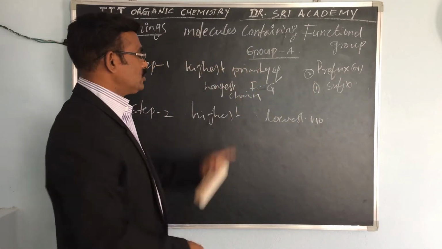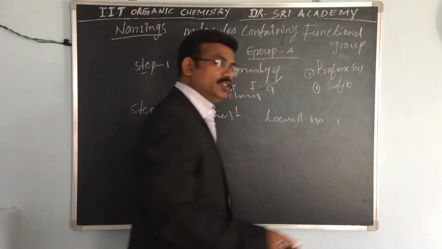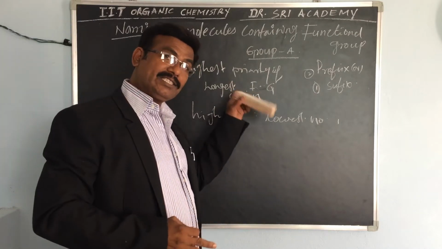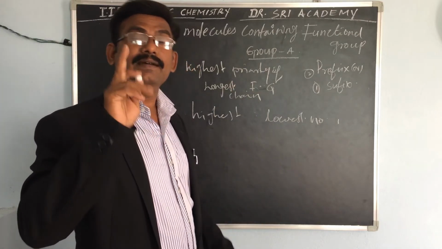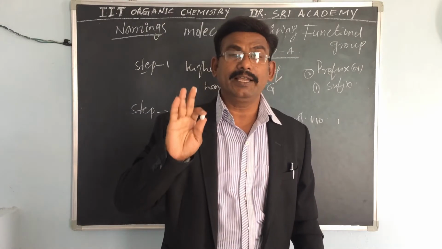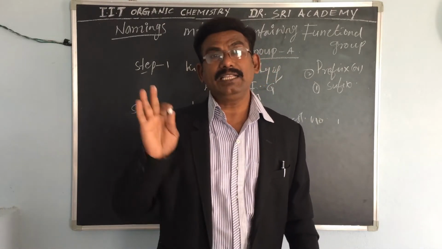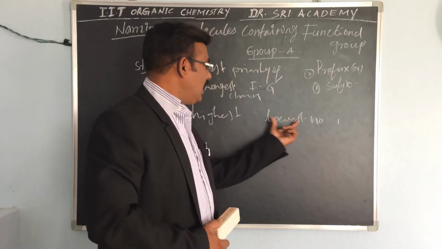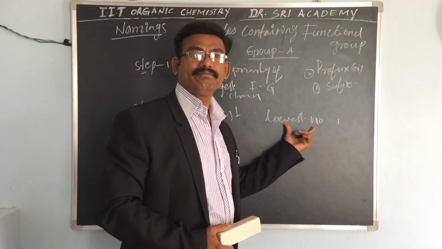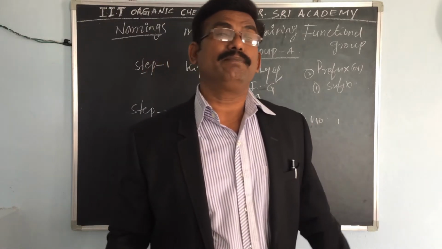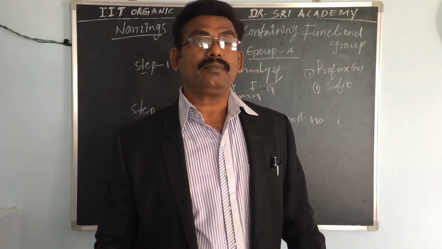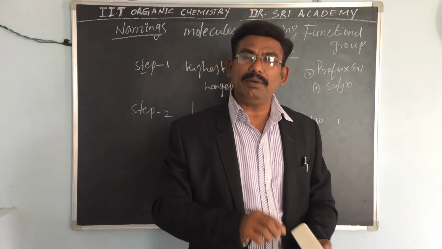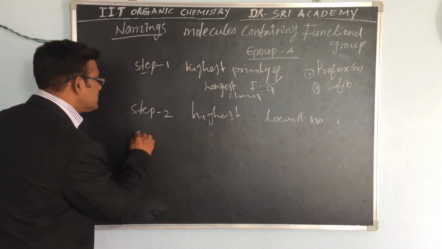Lowest number means 1, 2, 3, 4. Not the highest number. So the highest priority should get the lowest number. You have to keep this in your mind. That is very, very important. So the highest priority should be given the lowest number. That is step 2. Next, we have to remember step 3.